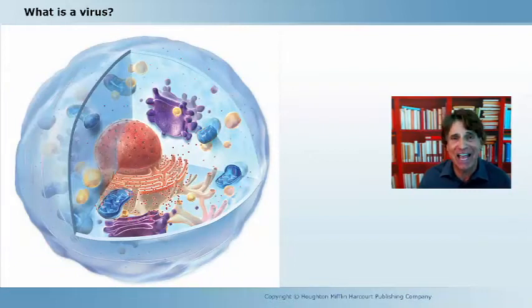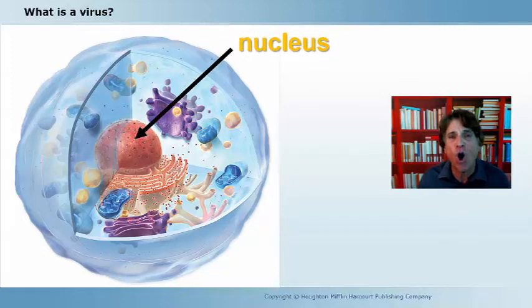Let's take a look at that in this drawing, this illustration of a cell. And here you can see a representation of an animal cell. In that central main part, that orange major organelle is called the nucleus. And you're probably familiar with that. And the nucleus is the cell control center.